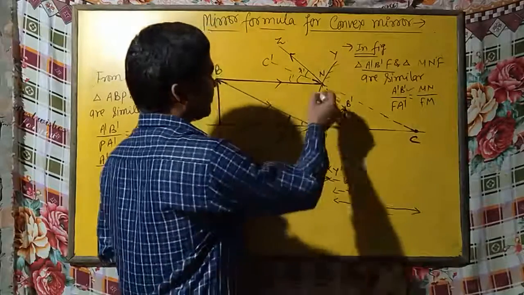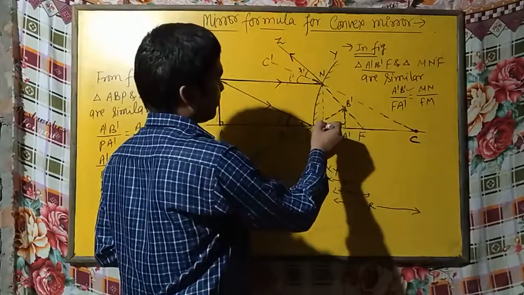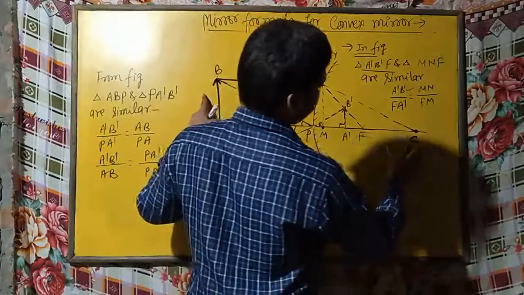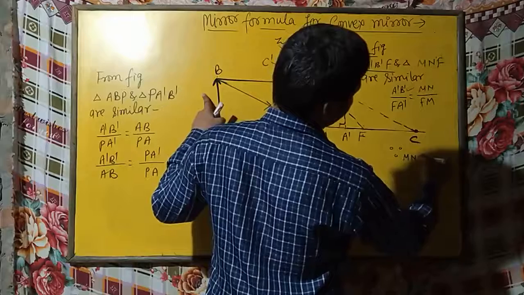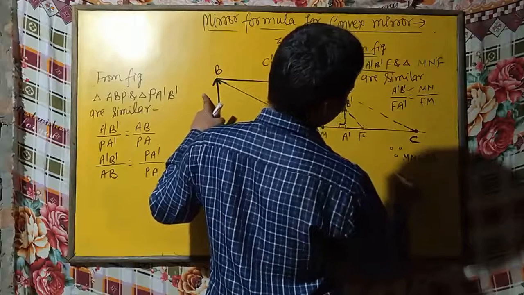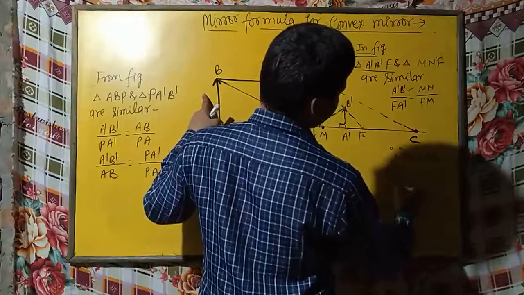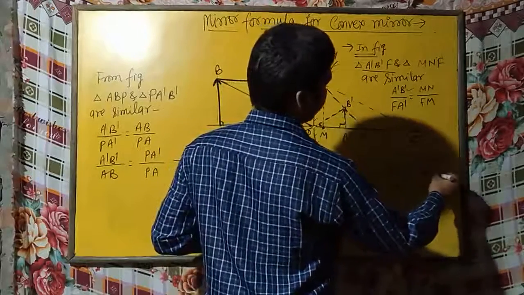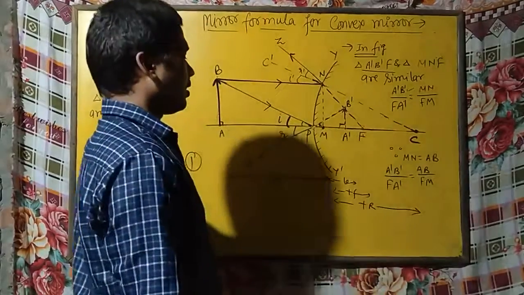Now this NM is equal to AB, so since MN is equal to AB, you can write A'B' upon FA' is equal to AB upon FM.